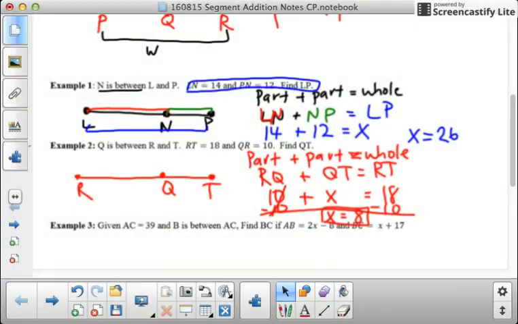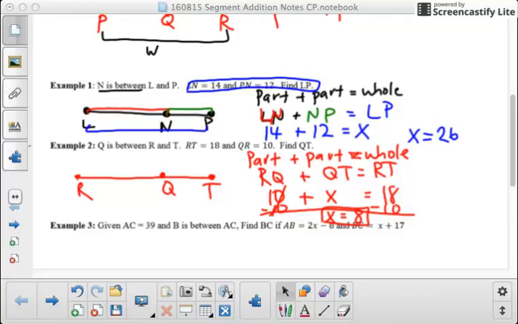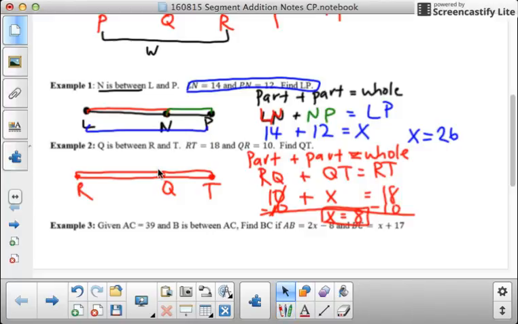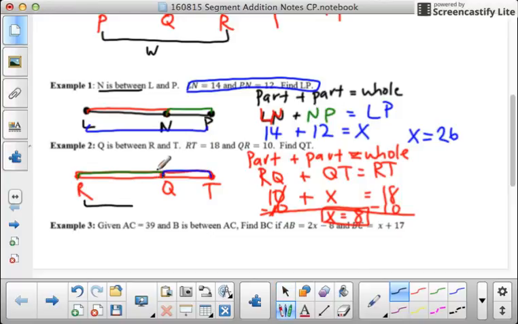Hopefully you have the same thing that I do here. You're going to notice that Q is between R and T, so Q is existing somewhere between these two. Part plus a part equals the whole. So RQ is part 1, QT is part 2, and when I add those two together, I get the entire RT.